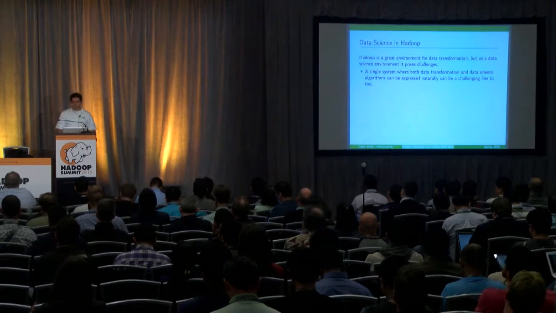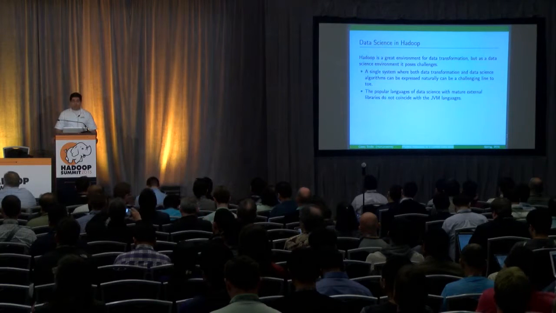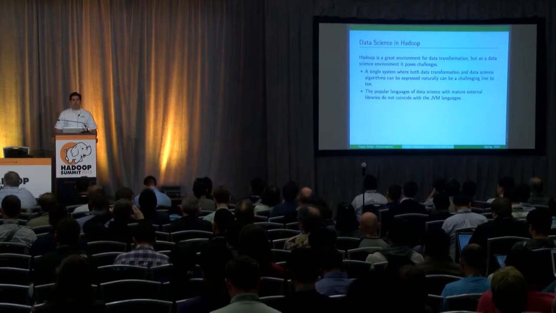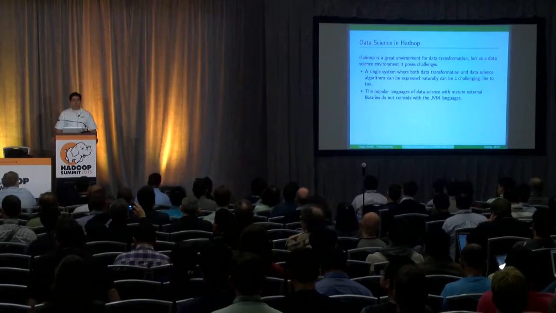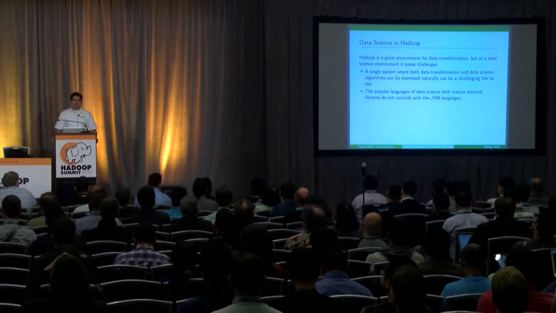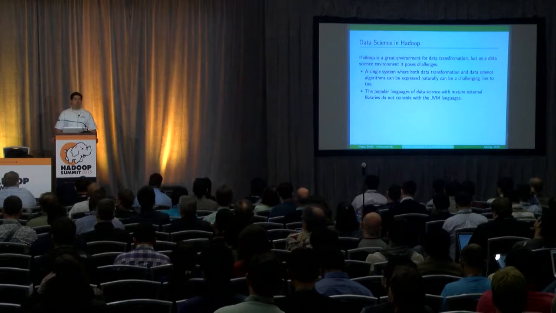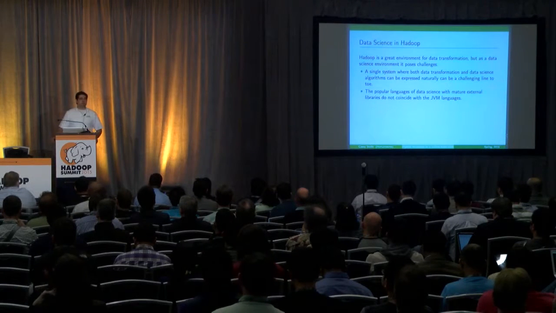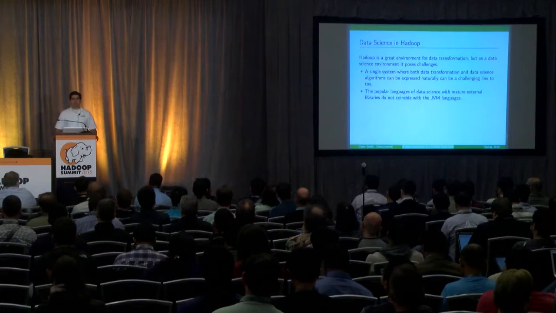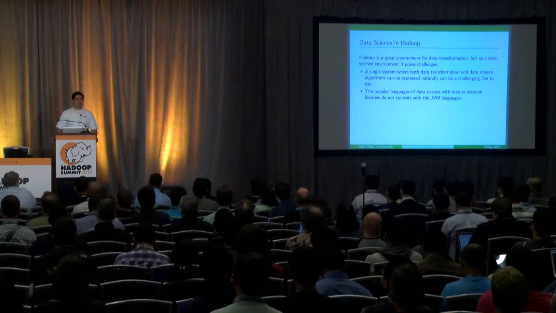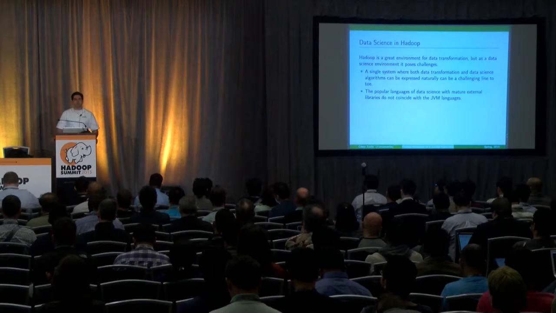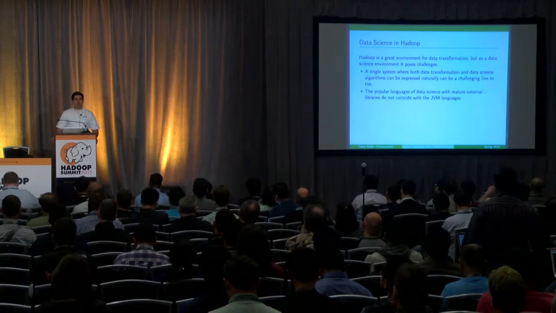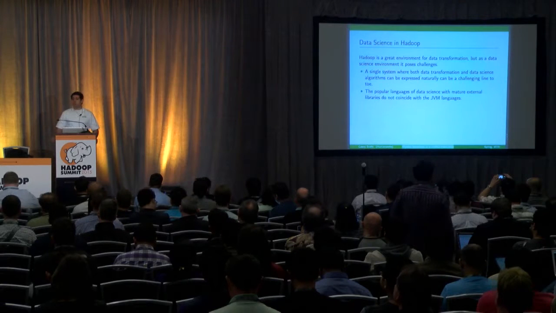The other big challenge, I think, is popular languages for data science with mature external libraries don't often coincide with JVM languages. And this isn't a dig against Scala or Java at all, because I do data science largely in Java and Scala. It's just that for the most part, you talk to data scientists on the ground that I see at customer sites, and I say, well, you can use Commons Math, and they say, what?